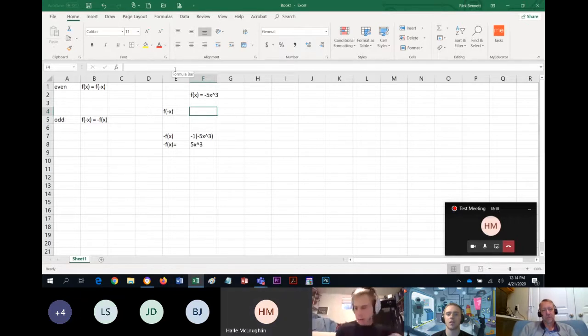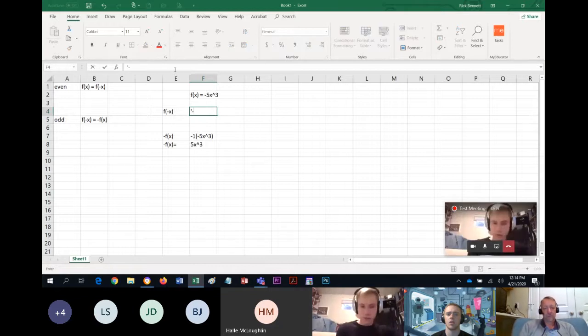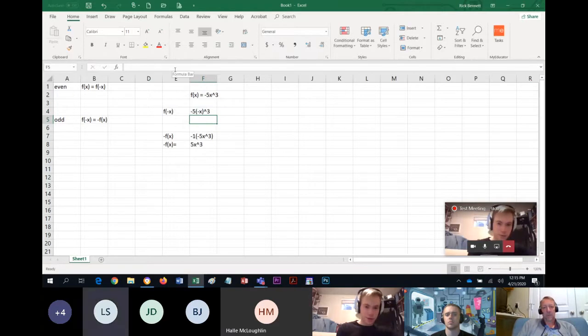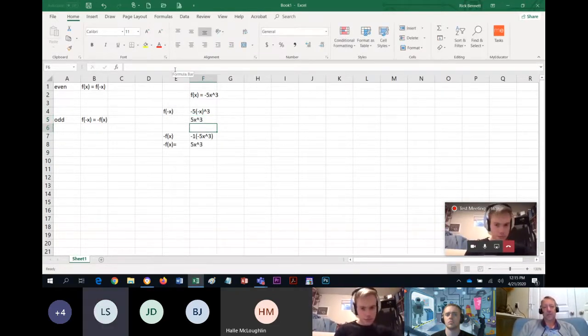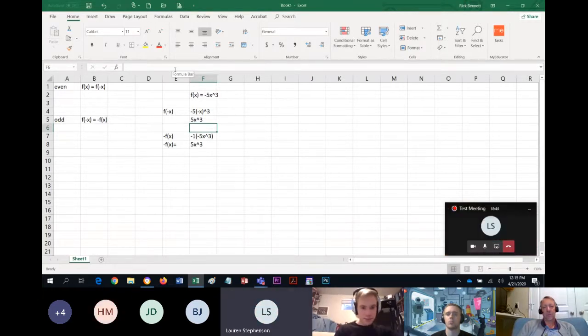Negative 5 times negative x cubed: negative x cubed stays negative because it's an odd power, and so you can have 5x counter the negative x, so it's 5x to the third. Does that make sense, Lauren? Kind of, yeah.